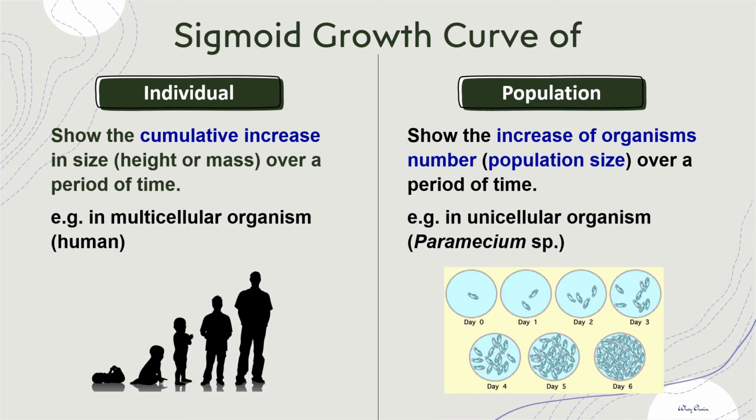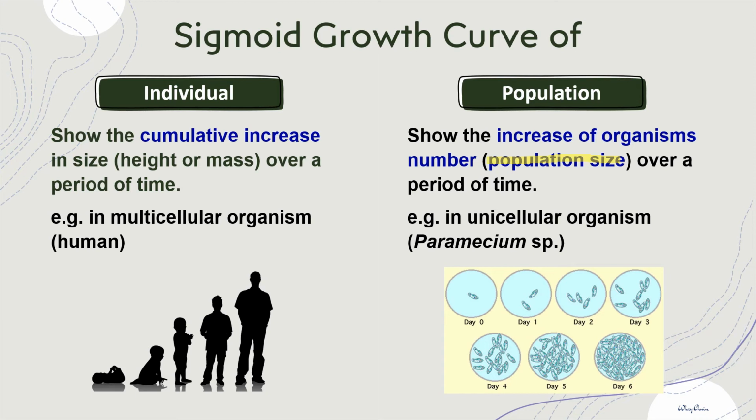But sigmoid growth curve can be obtained if we study the growth of a population. That means a group of organisms of the same species. But the parameter used here is the number of organisms or population size. So if we count the number of organisms for a period of time, they will give us an S-shaped curve also.